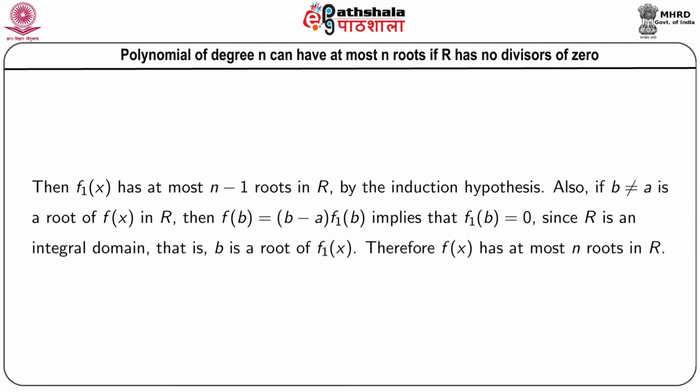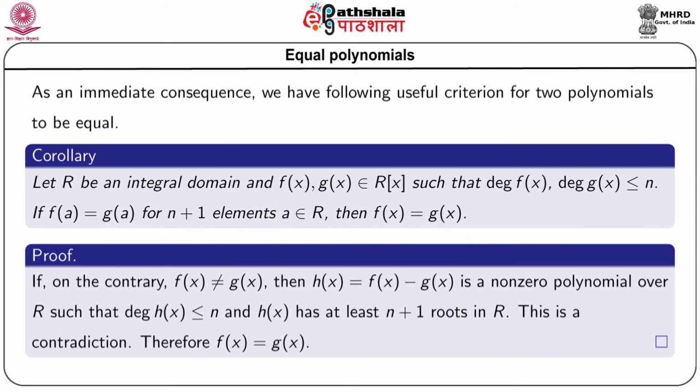Using this result, we have a fantastic characterization on the equality of polynomials. Recall that two polynomials f(x) and g(x) are equal if either they are both 0, or if they are both non-zero, then their degree is the same with their corresponding coefficients equal.